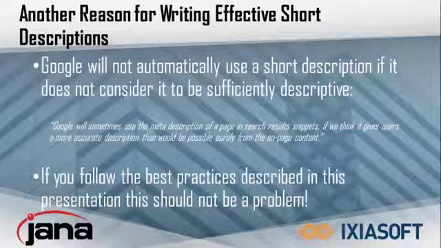So if you're writing by the numbers or repeating the title in your short description, Google's going to go, it's not very good, and try to extract equivalent information from, say, the first and second paragraph of your content. Whether or not that's actually accurate is a whole different matter. So if you follow the best practices described in this presentation, you shouldn't hopefully have any problems with this. Okay, next slide, please.